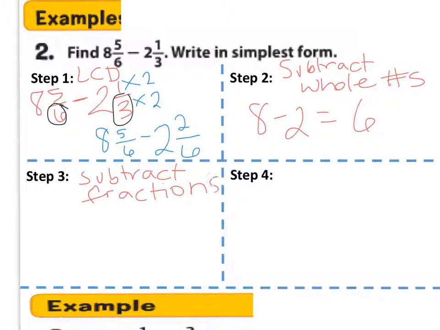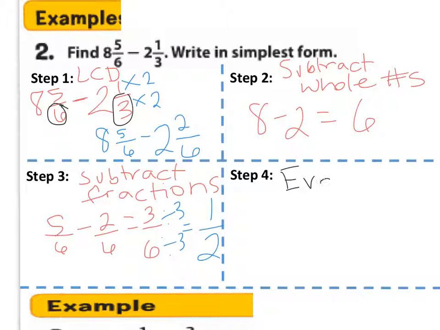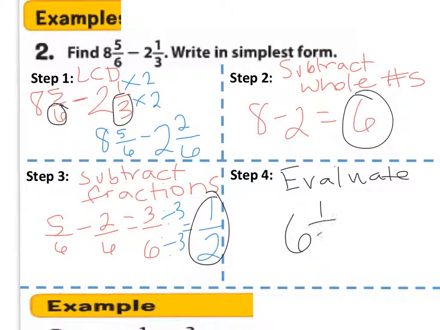So now I have 5 over 6 minus 2 over 6, which equals 3 over 6. But then I notice I can reduce by 3 top and bottom, and I end up with 1/2. Now in step number 4, I evaluate and put my whole number and my fraction back together, so my answer is 6 1/2.